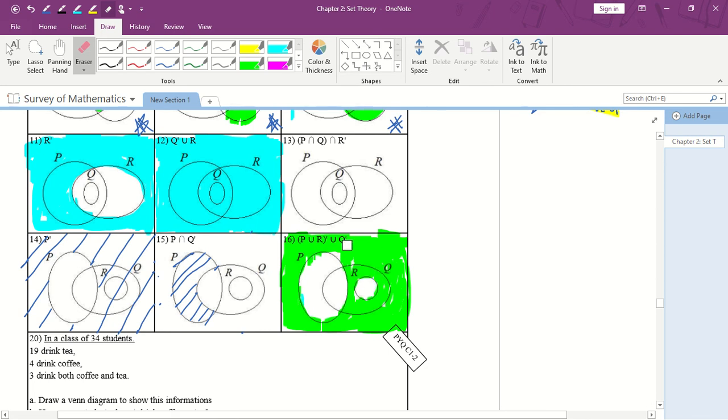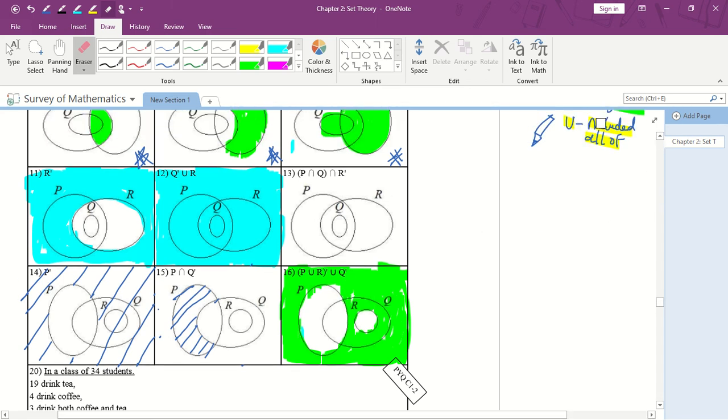And now the question says union Q prime. So union Q prime means, you remember, union in this case means that you include all of the places that are not Q. So this is Q, this is still within Q, and this is not Q. So you will highlight it.